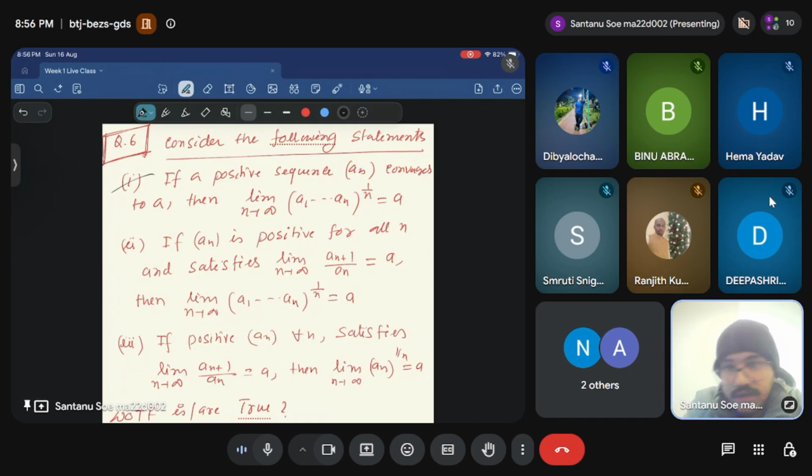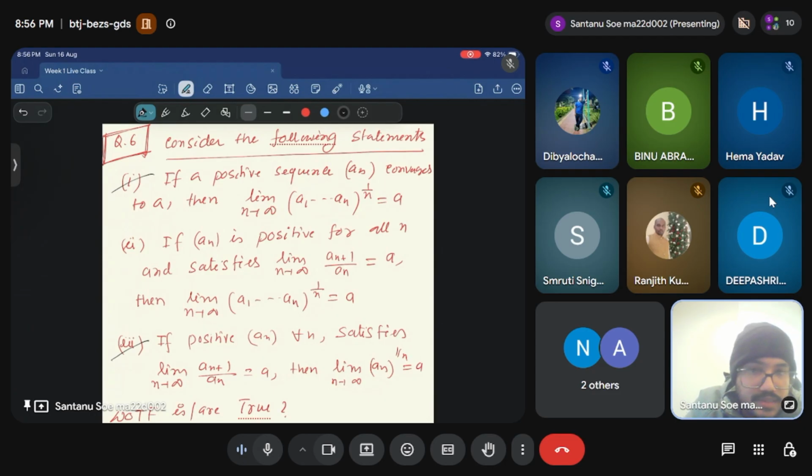So what about the second one? Is it true? And also let me tell you that the third one is also true. Please remember this theorem, or you can also see the proof in the S.K. Mapa book. As I suggested earlier, the proof of this fact as a theorem is there. So you can see why this happens.